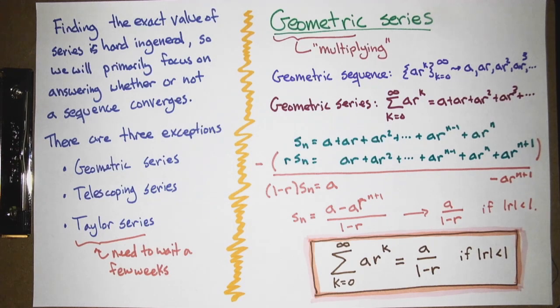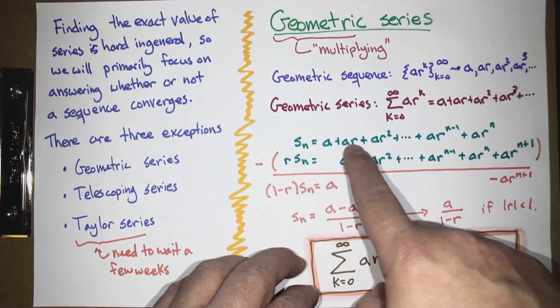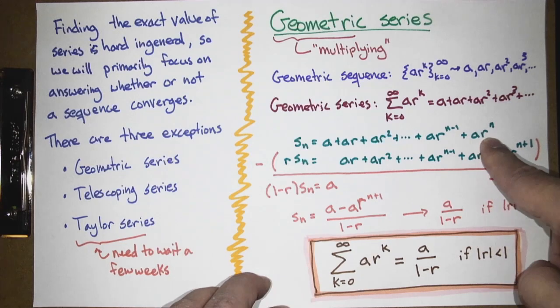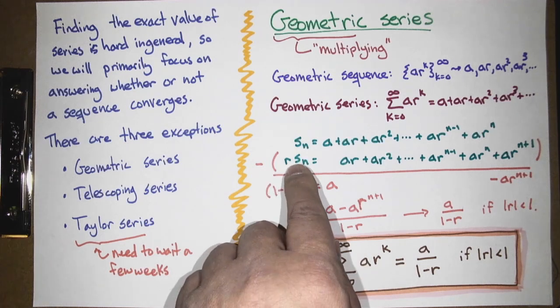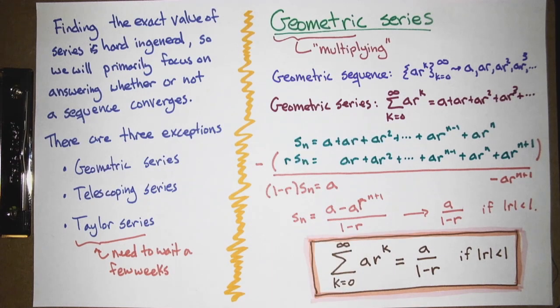All right, so we want to understand what's going on. So here's the justification. We'll walk through it. We start with the partial sum, S sub n. That says we're starting at A all the way up to AR to the n. Now, if we multiply this by R, there's a shift.